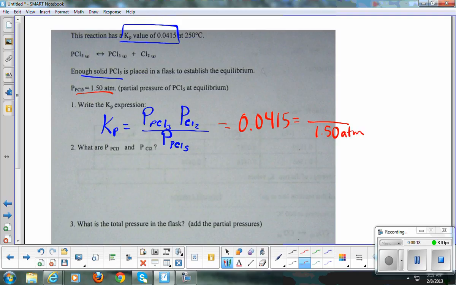Whatever I have of this is going to break down, and I'll get one of these and one of those, right? So I can put here an x squared, and solve for x squared. So let's see what the pressure of PCl3, which is equal to the pressure of Cl2, is.